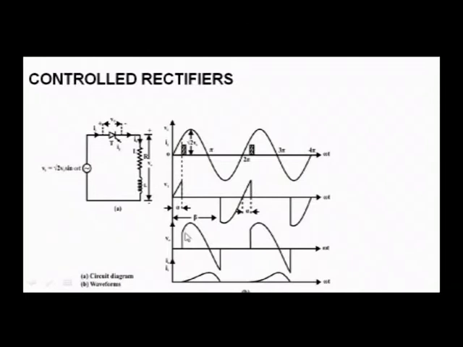Now, please see the difference between output voltage and output current. The moment it is triggered, voltage will appear, and when it goes to 0, because of the inductive effect, the load voltage will pass through a little bit of negative.